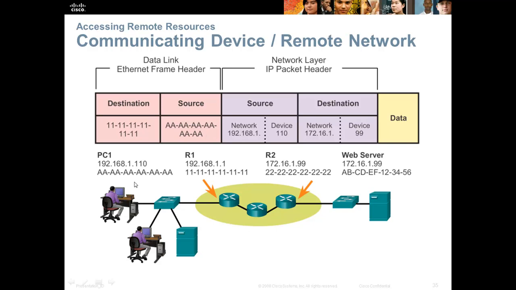So at this point in time, we're going to come from PC1, which is all A's, and we want to go to something outside of our network. So what we would do is we would send an ARP request, and we would say, hey computer 172.16.1.99, what is your MAC address? Well, this computer, the web server, is on a completely different network. So we would not get a response back from this web server.